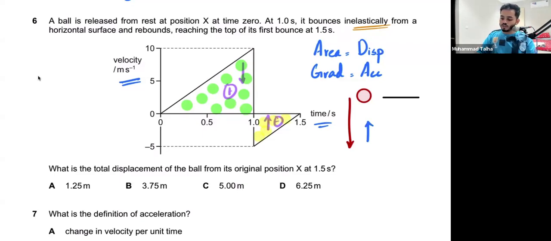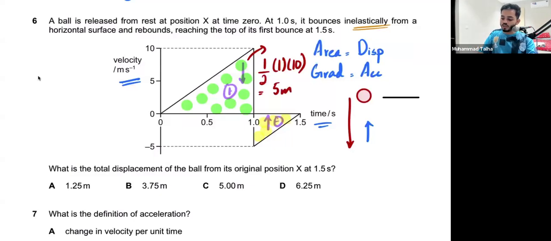Let's figure out the one in red here, which is really the area of a right angle triangle. So half base into height. So half into 1 into 10, which is 5. So it falls through 5.